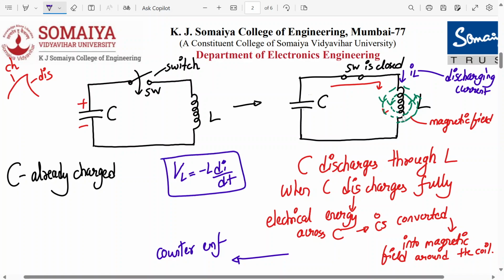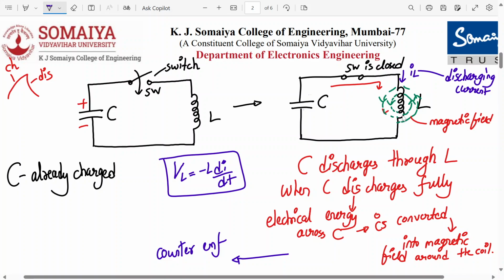Yes or no? The voltage across the inductor is given by L di by dt. This current was continuously changing, so now it produces a counter EMF. According to Lenz's law, the counter EMF keeps the charges moving in the same direction.